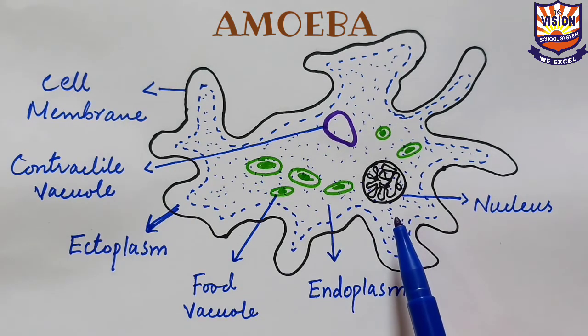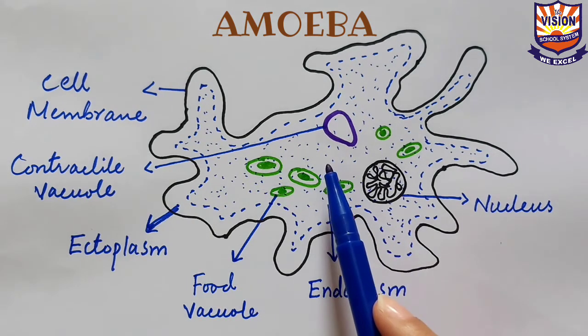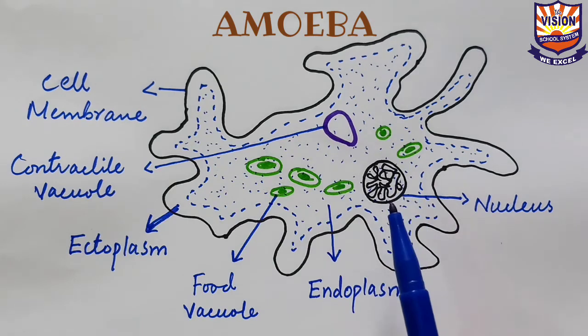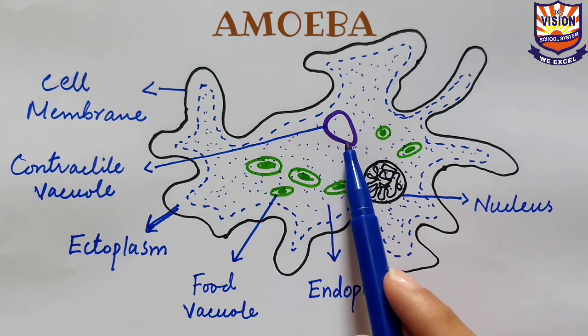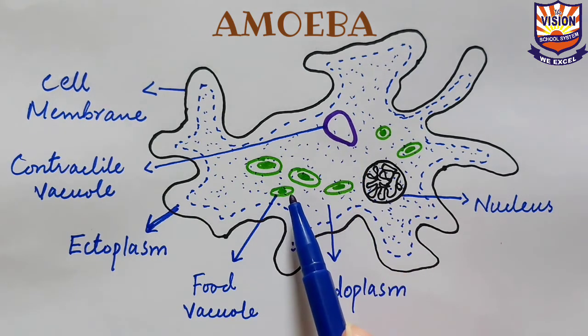The nucleus is usually found in the center, but as the amoeba moves, the nucleus changes its position. The contractile vacuole functions to remove excess water from the body, and the food vacuoles contain the food particles.